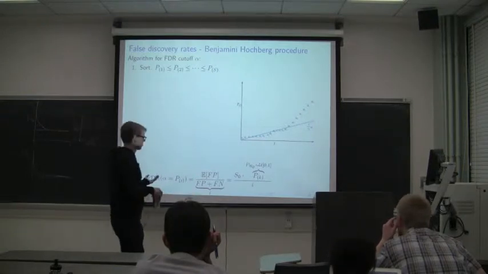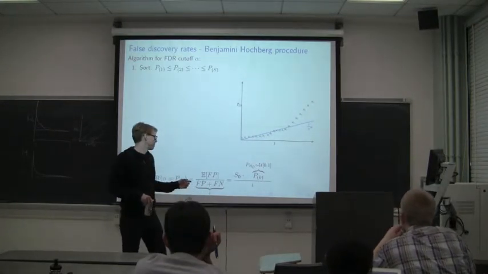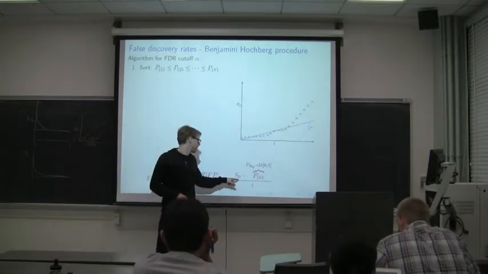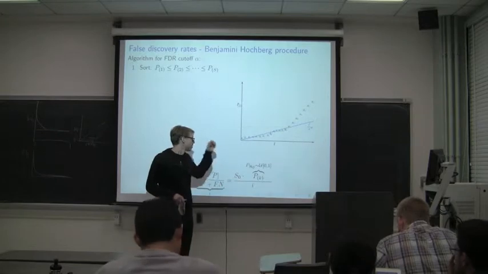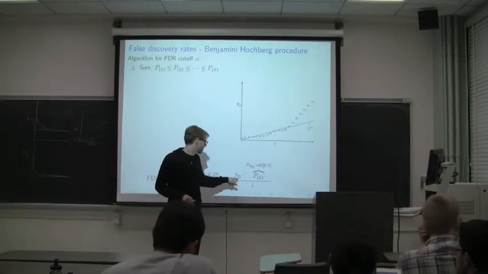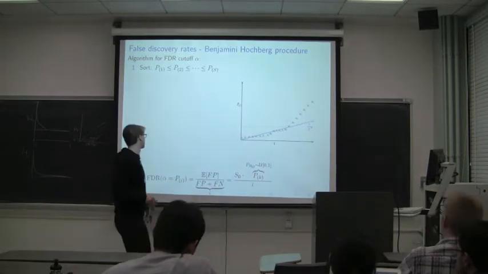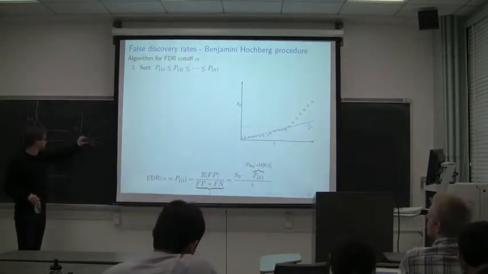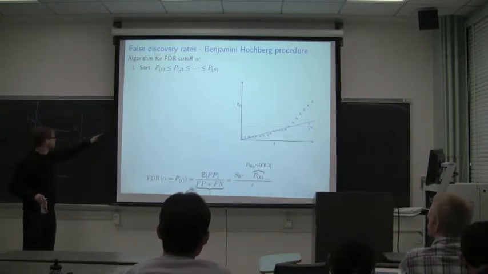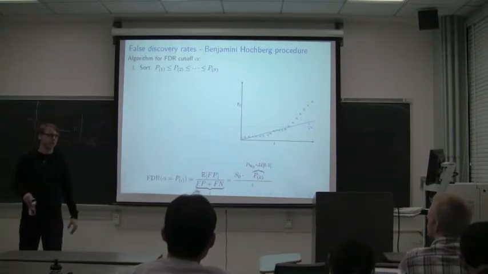Well, as I said, because of this uniformity, this should be the number of total true null hypotheses, which is S0, times the current p-value. That's exactly this part here, because it's supposed to be a linear function under the null.